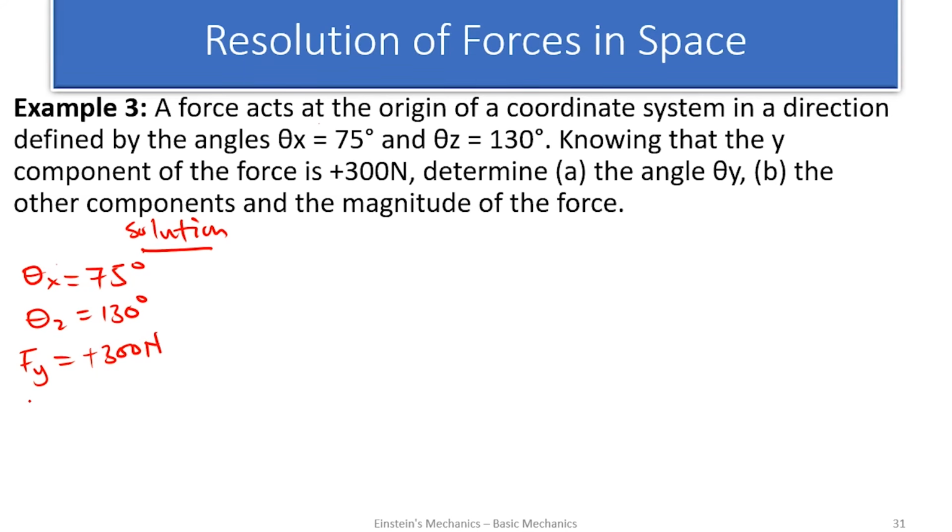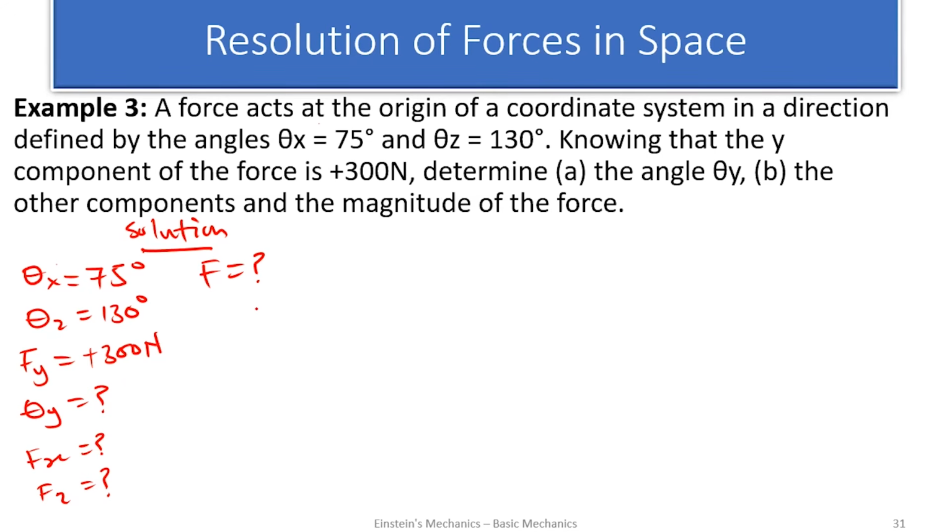Now I have to determine theta y and the other components, which are f of x and f of z. f of y is given, f of z is unknown, and the entire magnitude f is also unknown. So we have about 4 unknowns here.